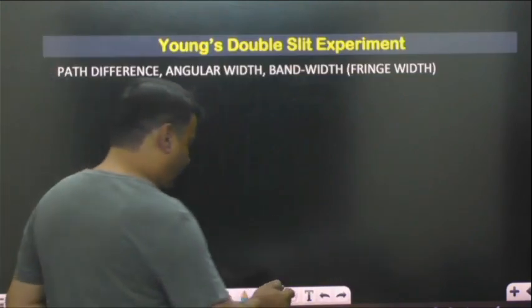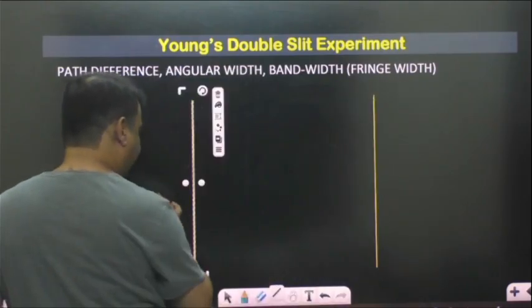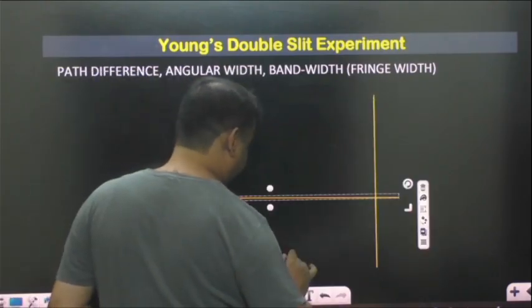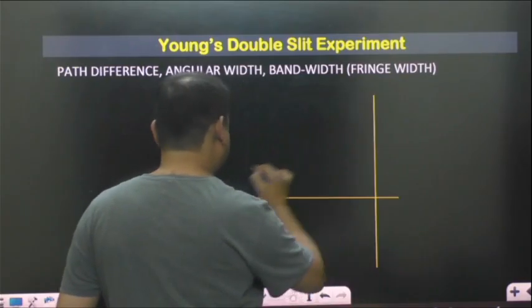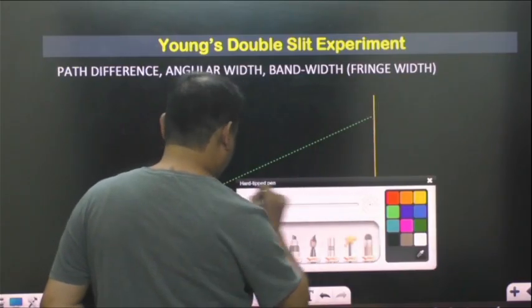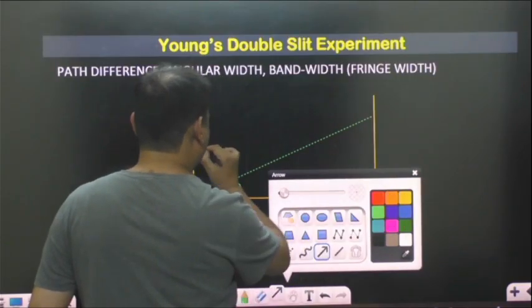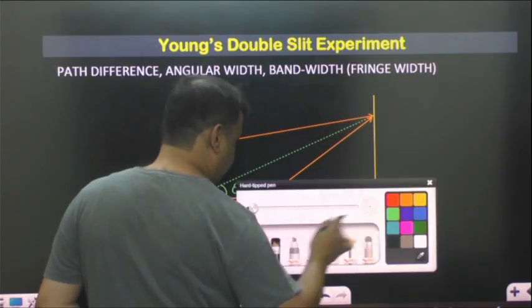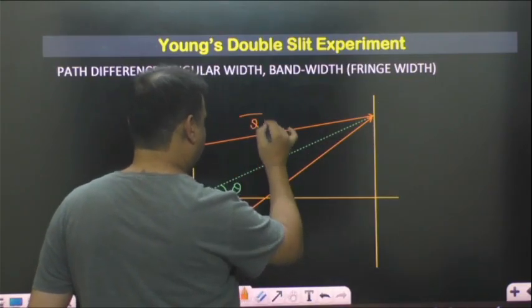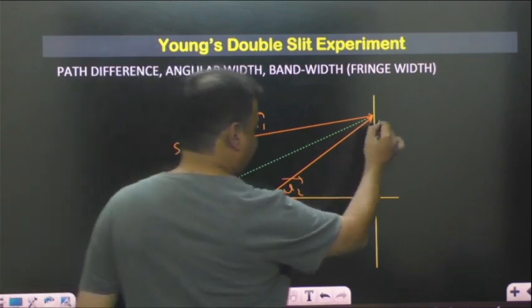Then we have derived the formula for the path difference in terms of the angular position theta. So we have seen if there is any point P on the screen whose angular position is theta, and if the lights are reaching there from slit 1 and slit 2, correct, and this distance is y.